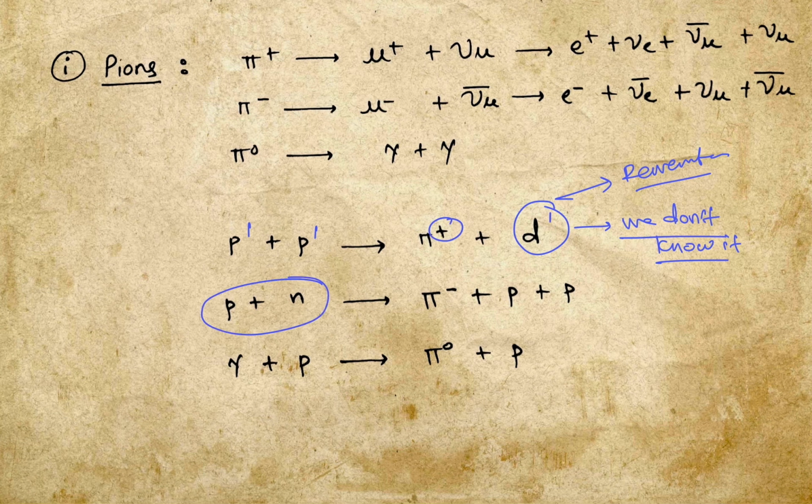Now you combine a proton and a neutron, and it will form a pion with negative charge and two protons. Again the charges are conserved. This is charge 1 and 0, and this is -1, +1 and +1. So overall, on the left hand side you have total charge 1, and on the right hand side you have total charge 1.